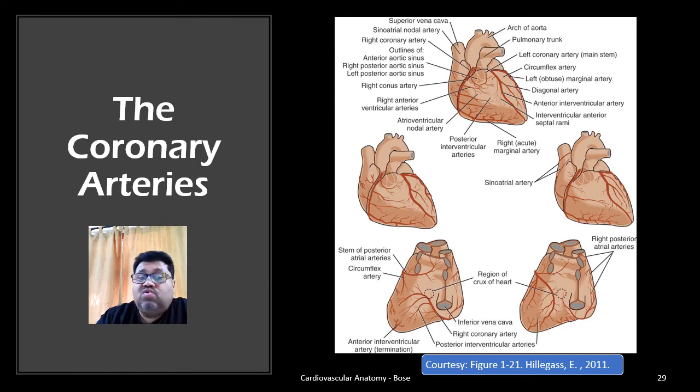As the right coronary artery, or RCA, crosses the right margin of the heart, it gives off a right acute marginal artery before continuing as far as the posterior interventricular sulcus, where it usually turns to supply the diaphragmatic surfaces of the ventricles as the posterior interventricular artery.